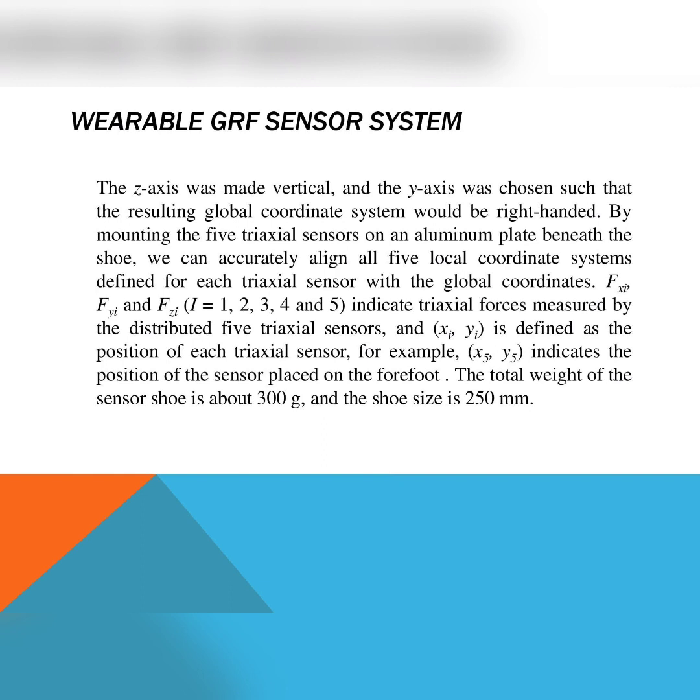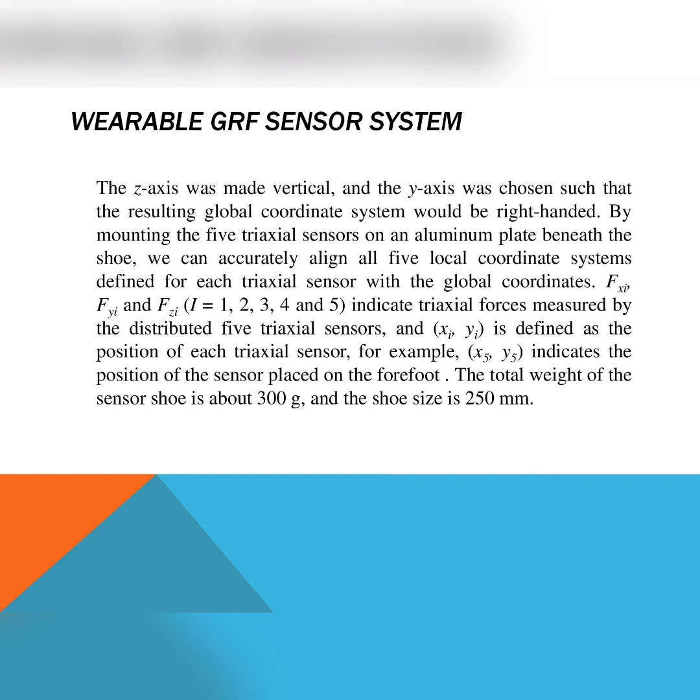fxi, fyi and fzi, where i is equal to 1, 2, 3, 4 and 5, indicate the triaxial force measured by the distributed 5 triaxial sensors, and xi, yi is defined as the position of each triaxial sensor.